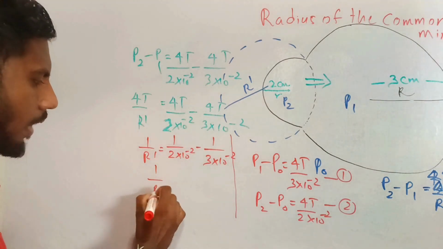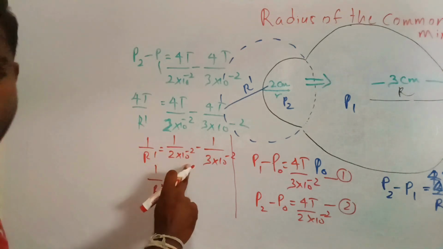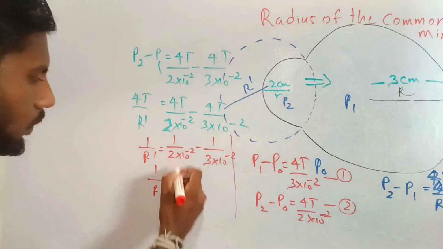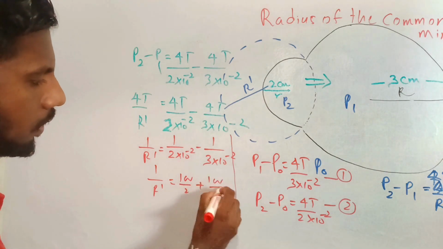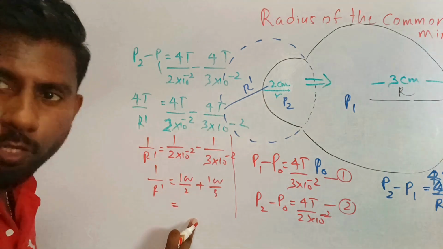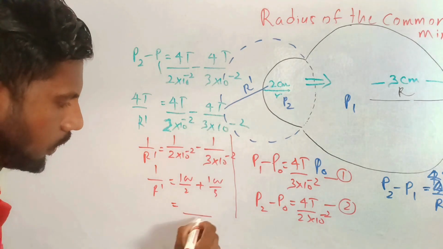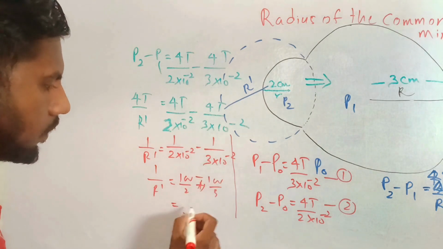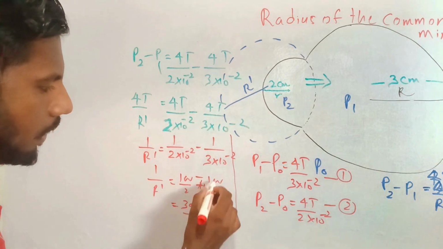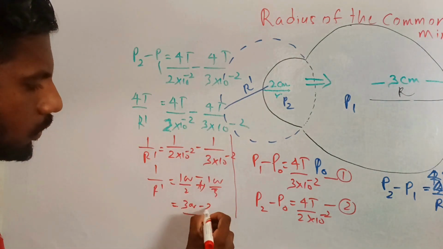Let's take the common factor 10 to the power minus 2, so it's 100 over 2 minus 100 over 3. Taking the common denominator 6, we subtract: 300 minus 200.